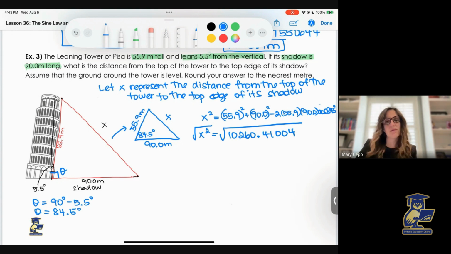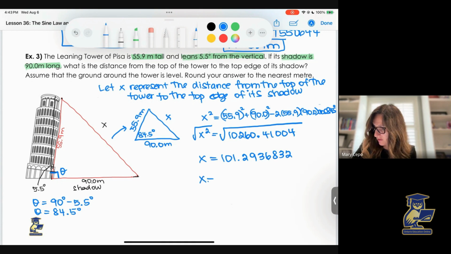And of course, to get rid of the square, we square root both sides. So x is equal to 101.2936832. However, we're rounding to the nearest meter, so x is about 101 meters.